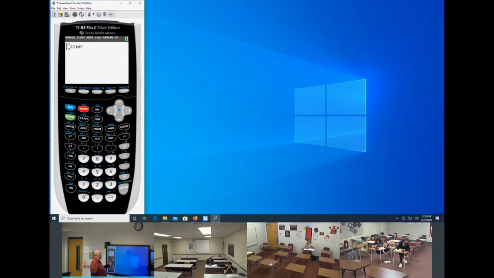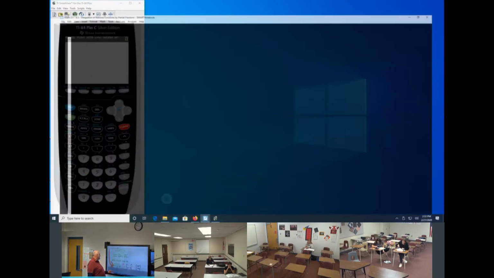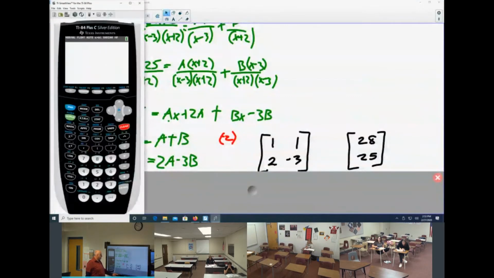All right. So what we're looking at here is the matrix menu. All right. So what we're going to do is put in each of these matrices. So if I go to second and then X inverse, that's the matrix menu. So second matrix, and then I have names, math, edit.